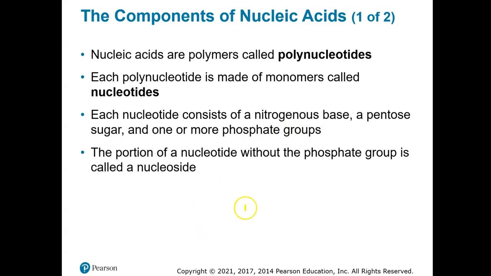Again, on slide 87, the monomers of nucleic acids are nucleotides, and the components of a nucleotide are a nitrogenous base, we can just say base, a sugar, either ribose or deoxyribose, and a phosphate group.